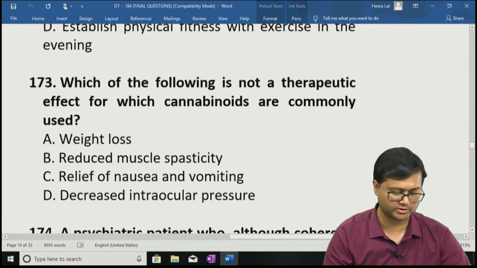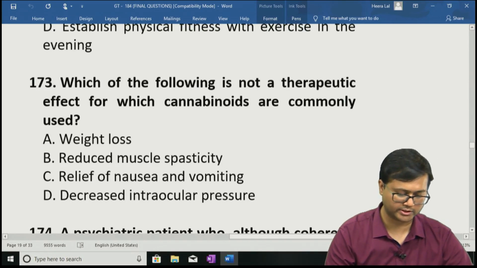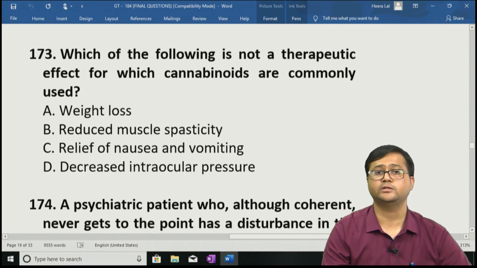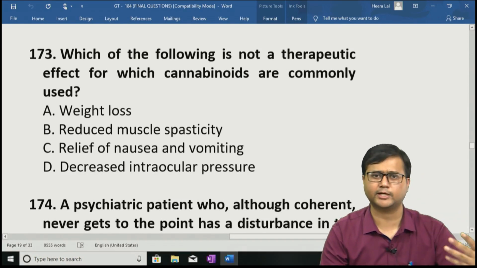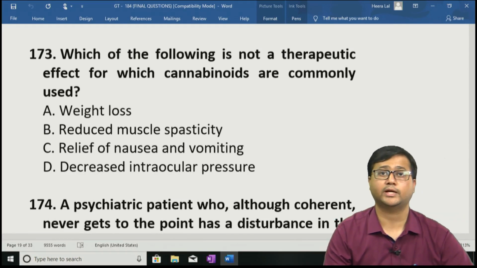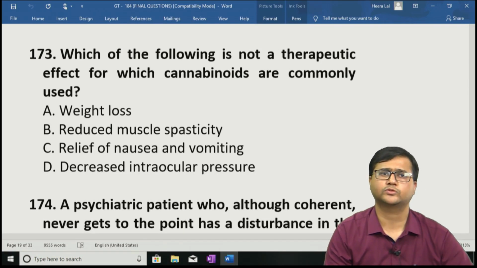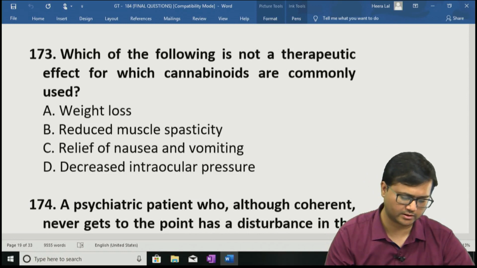Then the next question: which of the following is not a therapeutic effect for which cannabinoids are commonly used? Generally we know cannabis as a psychoactive agent. Now it has also been used as a therapeutic agent.